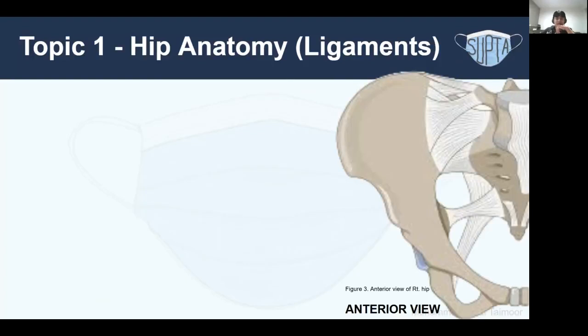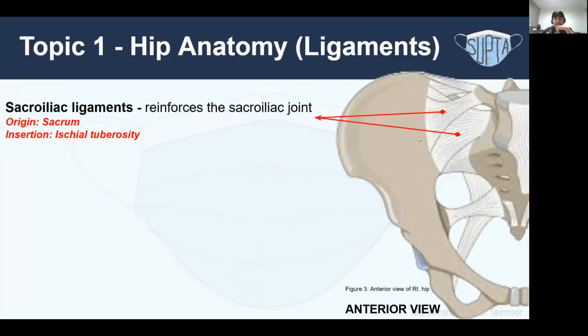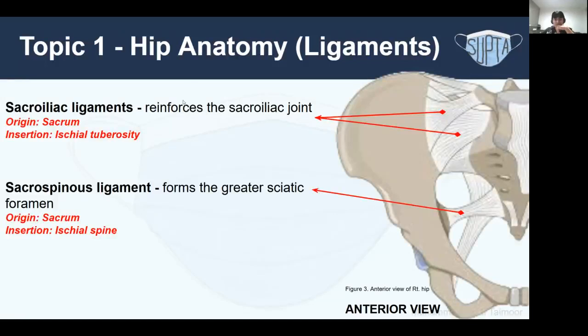So I've got an image of the ligaments that you need to know, and they make up the greater and lesser sciatic foramen. Multiple ligaments here are known as sacroiliac ligaments, and it's in the name when it comes to origin and insertion, so you know that it originates from the sacrum.